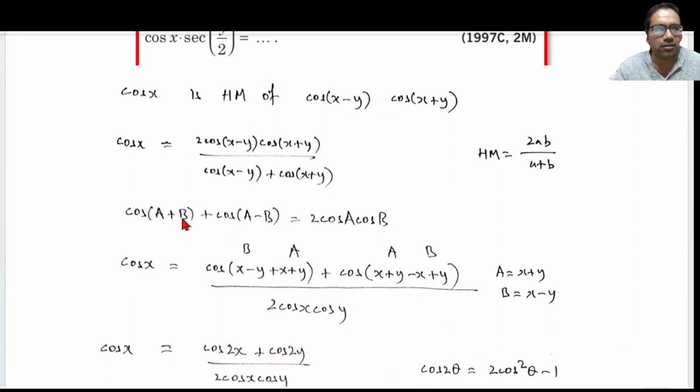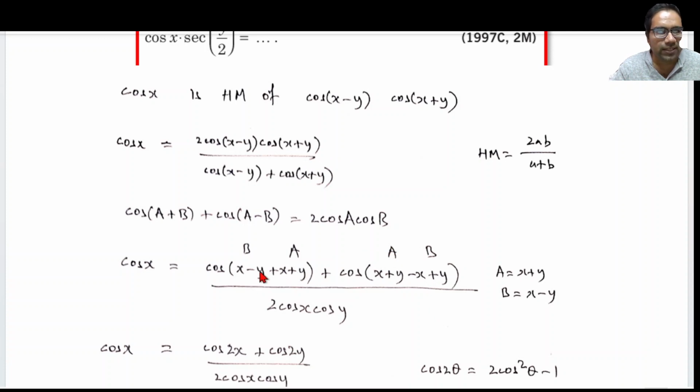What will that become? cos(A + B), that is cos(x + y + x − y), plus cos(A − B), that is cos(x + y − x + y), where minus of minus becomes plus.